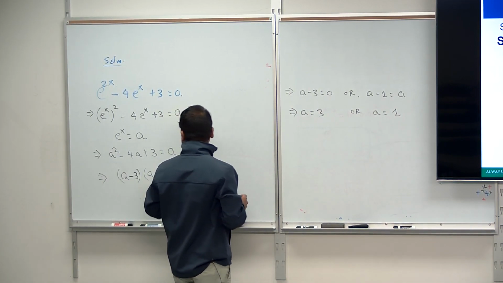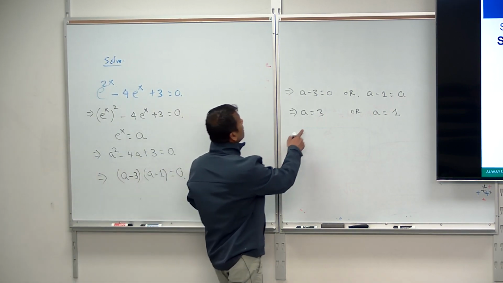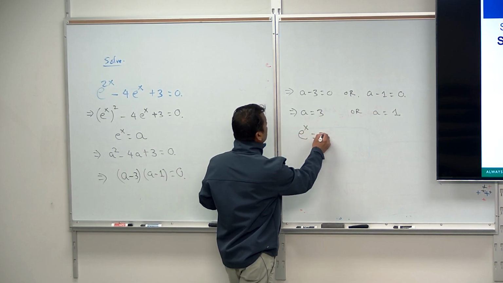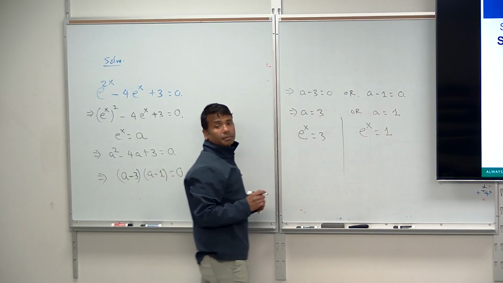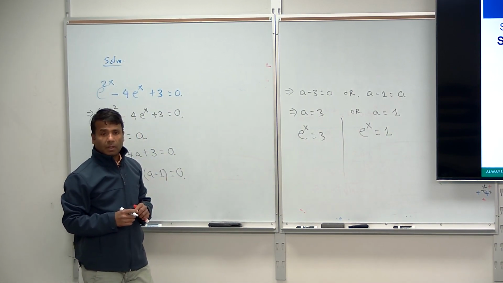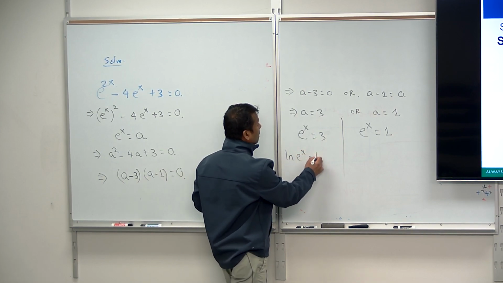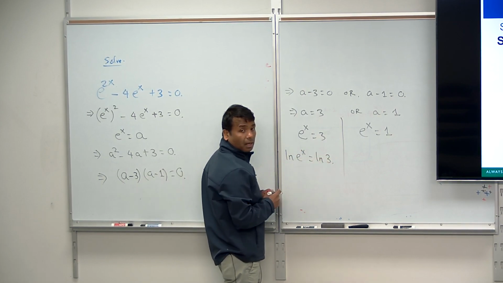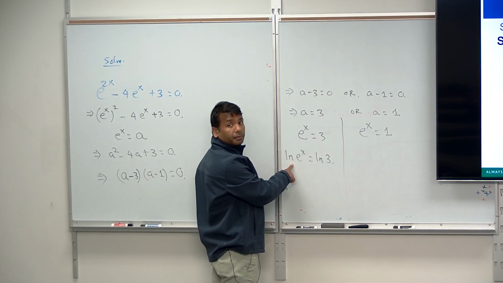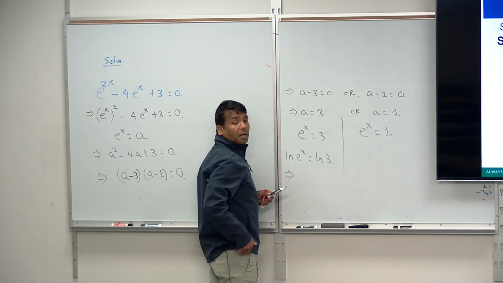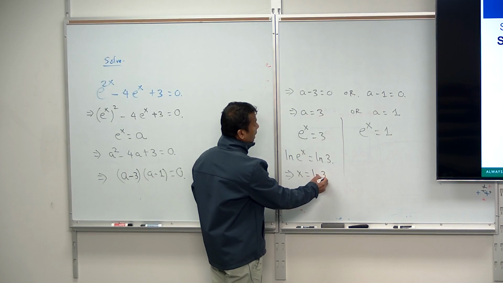But what is a? a is e to the power x. So you return back the value of a, so e to the power x equal to 3 or e to the power x equal to 1. Take natural log on both sides, so you have ln e to the power x equal to ln 3. Ln e to the power x is x, right? So x equal to ln 3.